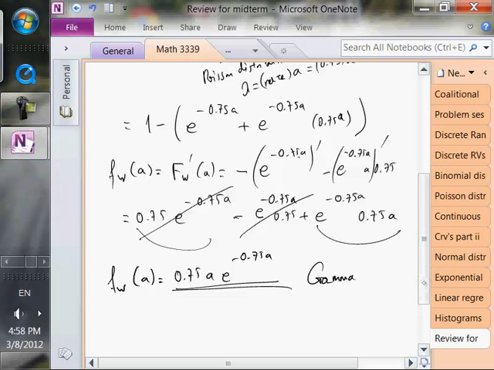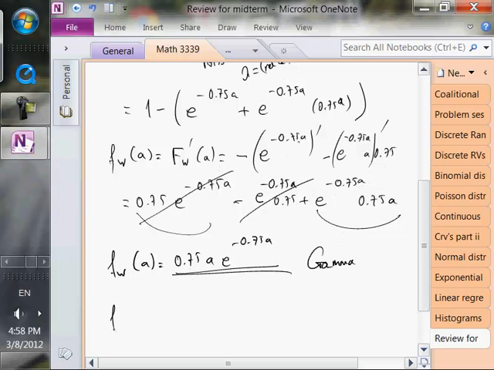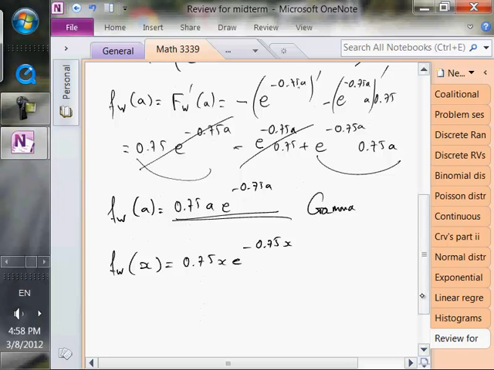If you want to fit it to gamma, look at the table. Let me put it into the phrasing of the table. I will use 0.75 x e to the negative 0.75 times x because a and alpha will not be distinguishable here. That's why I'm switching from a to x.